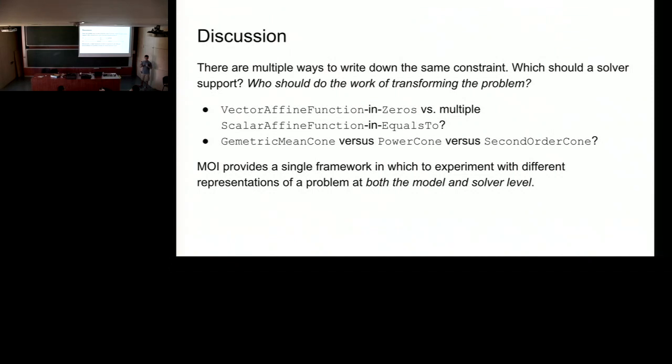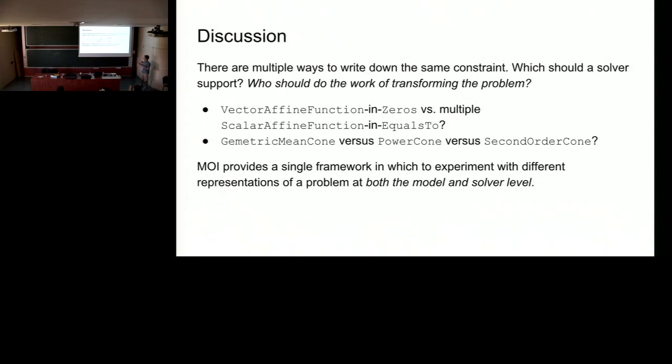Maybe we can find an equilibrium. How many users complain? How much work does the solver author want to do? The interface is designed to let you find that equilibrium and decide which types of constraint you want to support, or whether you want to tell your user you have to use these sets because I don't want to deal with transformations.